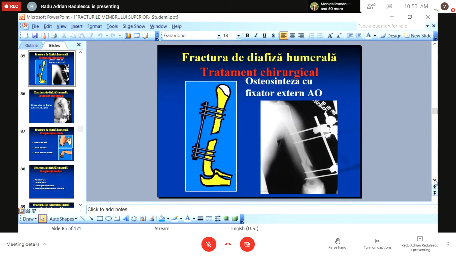If we have an open fracture, which is quite rare because the humeral diaphysis is surrounded by muscles, so it's quite a long way, let's say, for the fracture to open. But anyway, if this happens, because of course there are situations when we may have an open fracture, then of course, we need to use an external fixator, the same type that we have already mentioned before.